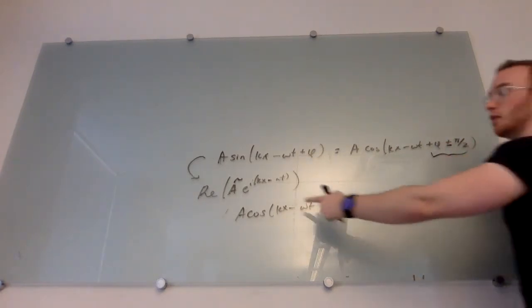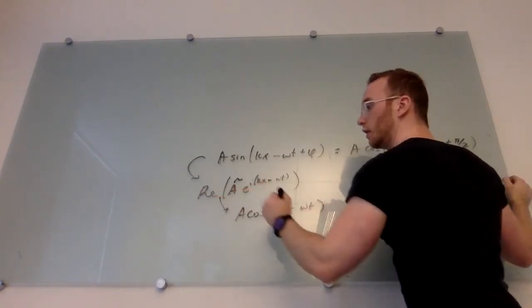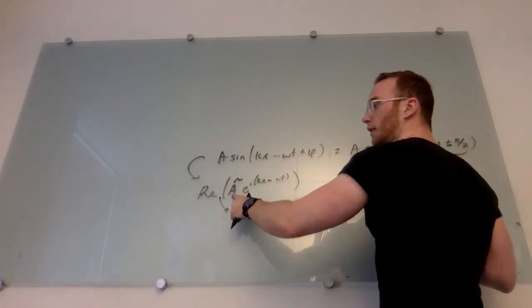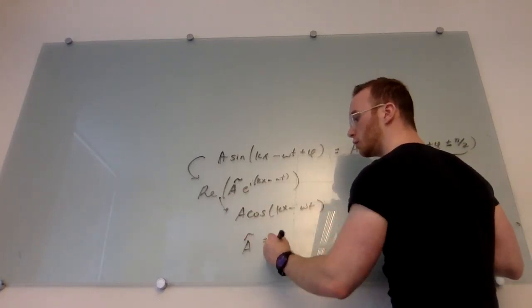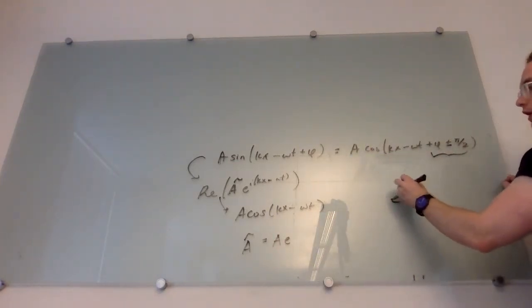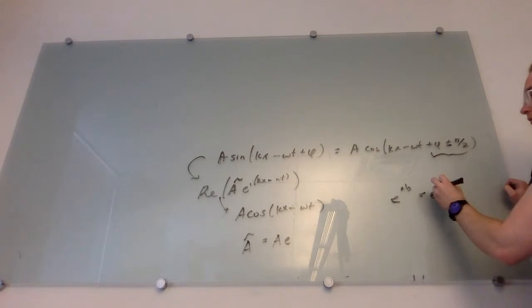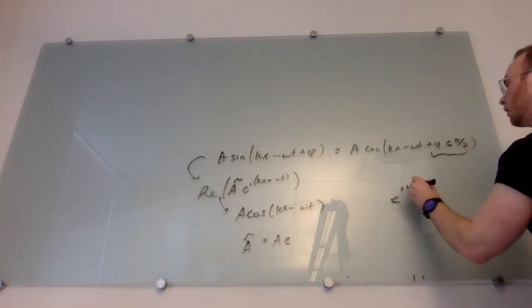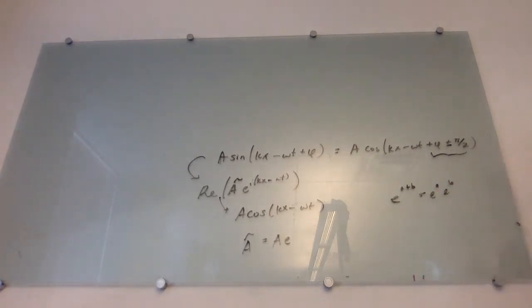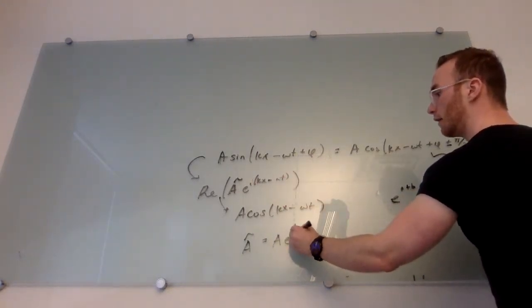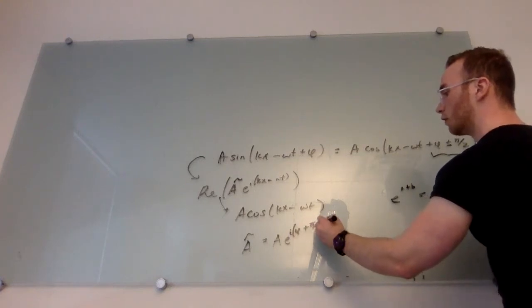If we take the real part of this, the phase is here. So what can we do? Well, what if this A tilde is equal to A times e to the i phi plus pi over 2? This is just a property of exponentials: e to the A plus B is e^A times e^B.